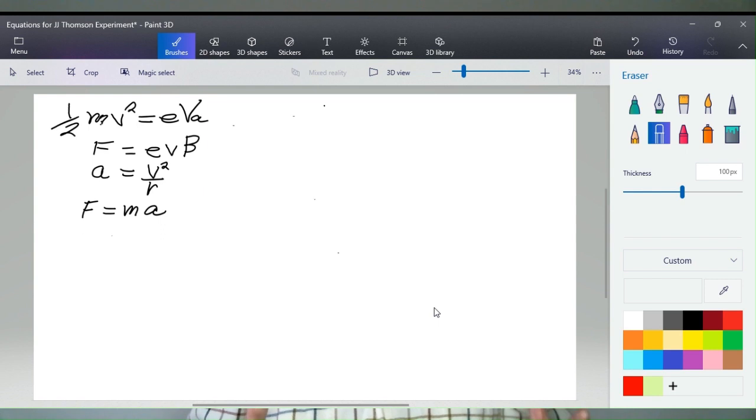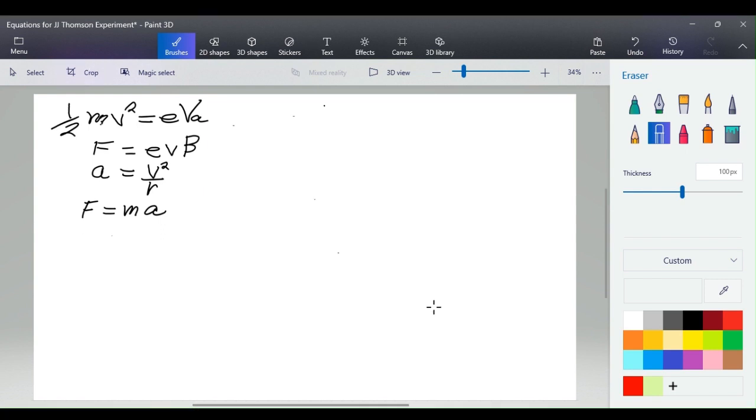Okay, I'm writing on the board. Let's see what we've got here. We've got 1/2 mv squared, which is the kinetic energy of our electron, where m is the mass of the electron. Here's the electron charge times this voltage at the anode. That's the energy that the electron picks up.